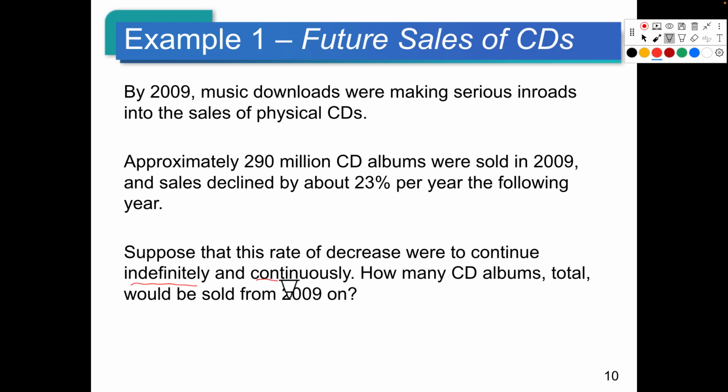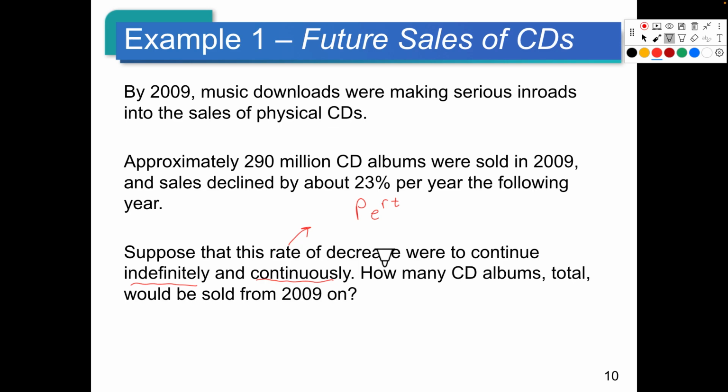Someone was asking this question about continuous interest. So notice that's a 23% decrease continuously, so not a periodic decrease. So what does it mean if it's continuously decreasing? We have a formula. If we think of interest, P e to the rt, that's continuous interest. Do you remember that one?